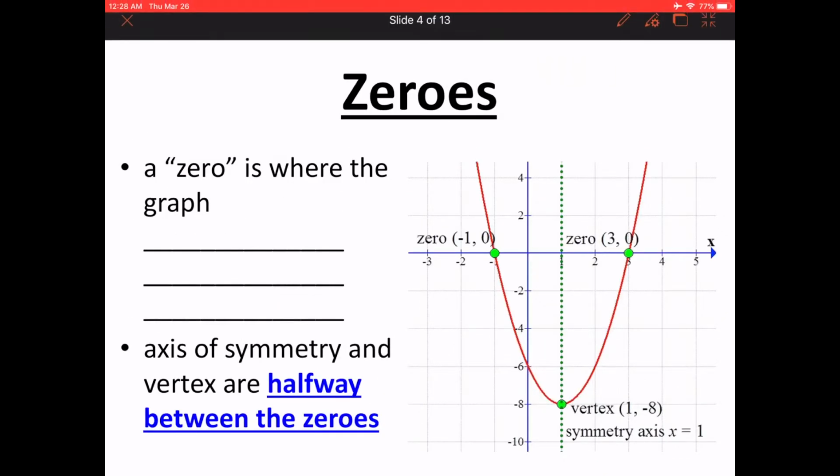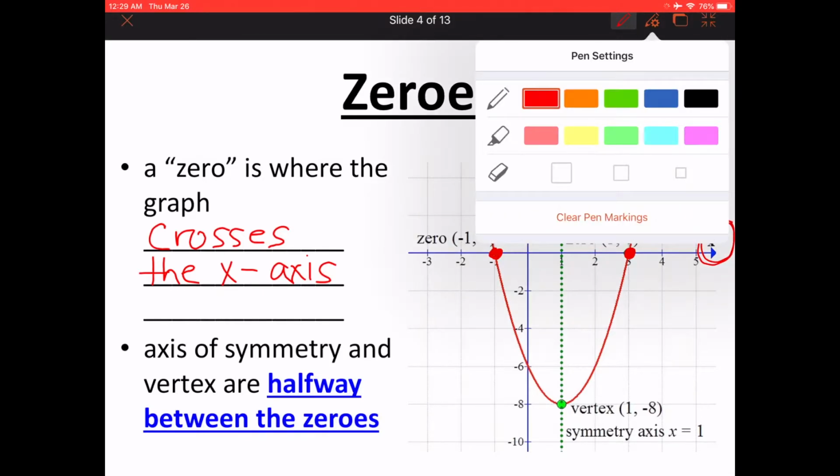The next part of the parabola that we are going to look at are the zeros. A zero is where the graph crosses the x-axis. It's where the graph crosses this x-axis. So you notice here in this example for the parabola, we have a zero here at (3, 0), and we have a zero here at (-1, 0).